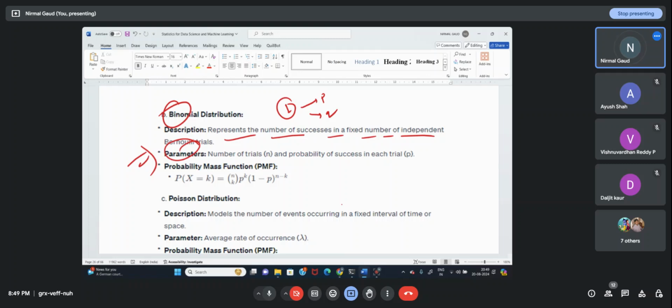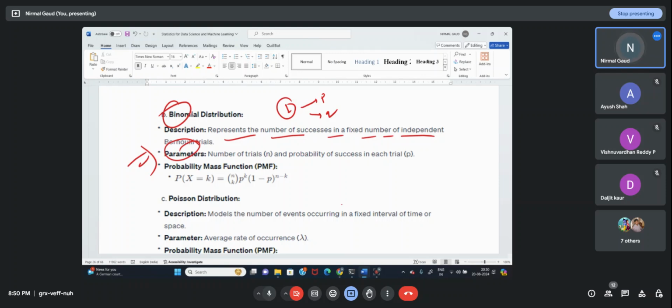For example, tossing a coin 10 times is binomial. If you toss a coin once, this is Bernoulli. People get confused between Bernoulli and binomial. Now I hope you are listening sincerely, so the difference is clear.